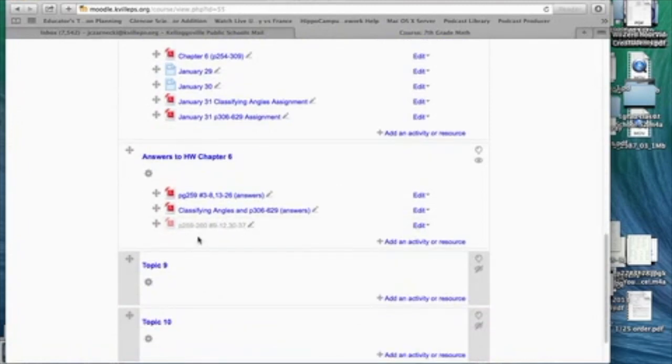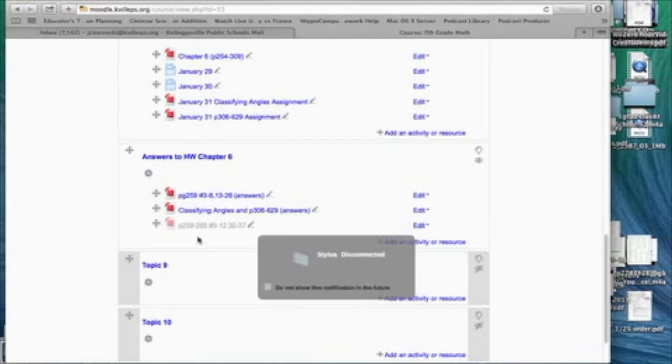You need to do page 259 and 260, numbers 9 through 12 and 30 through 37 to work on.